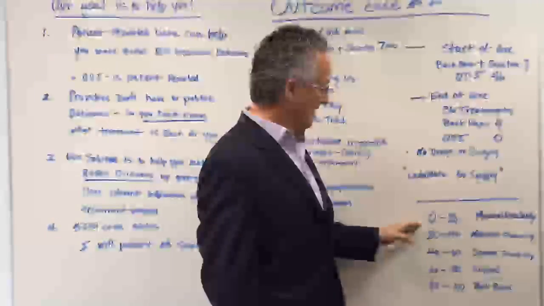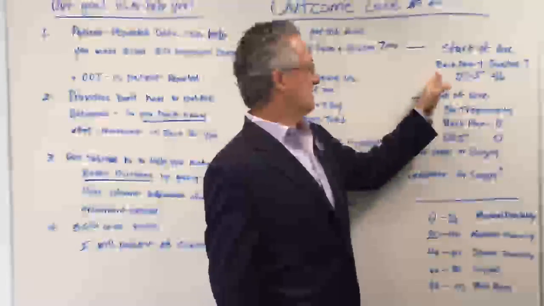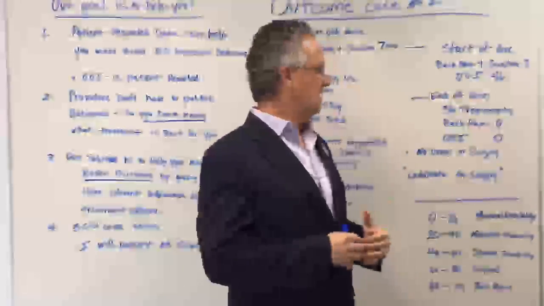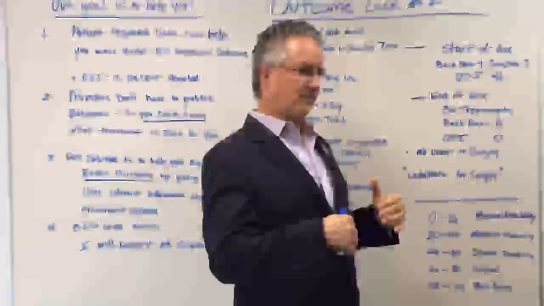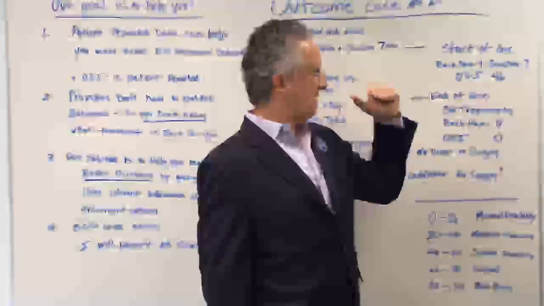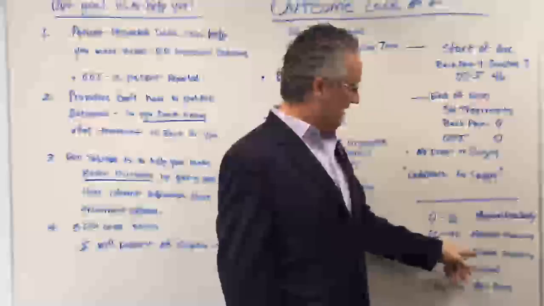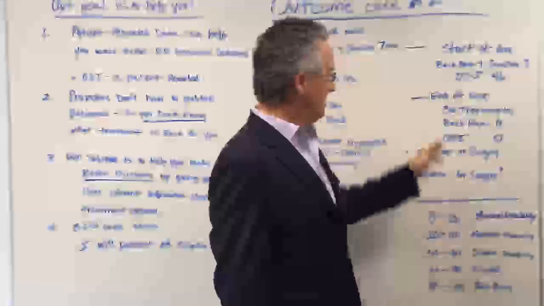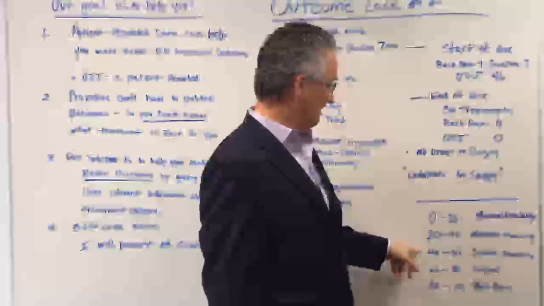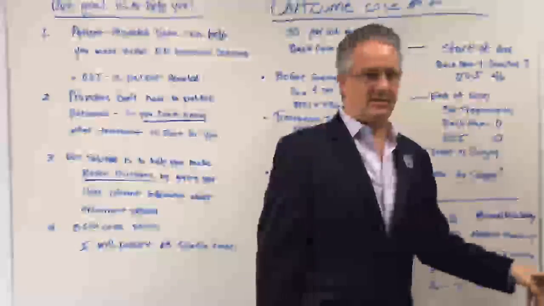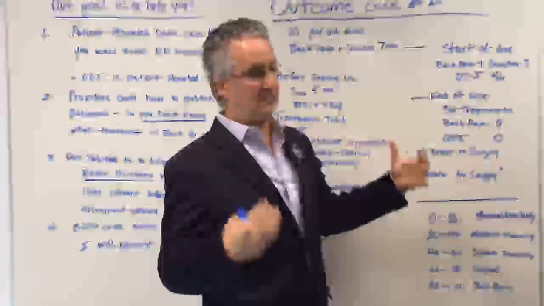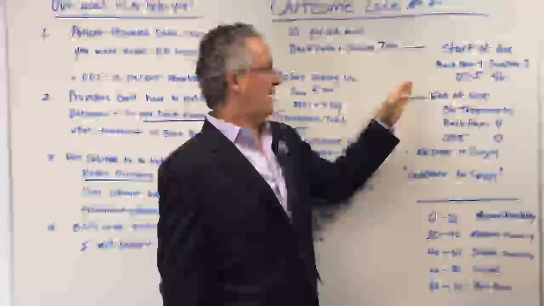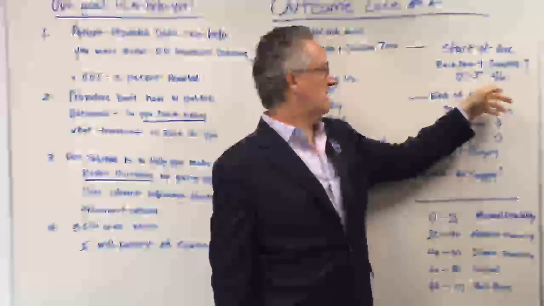It has 10 sections, each scored from 0 to 5. 40 to 60 is severe disability, 60 to 80 is crippled, and 80 to 100 is bedbound. This patient was a 46, so we know he was severely disabled. People identify how disabled they are as a result of their pain. So the patient came in with pretty severe pain and a high score.